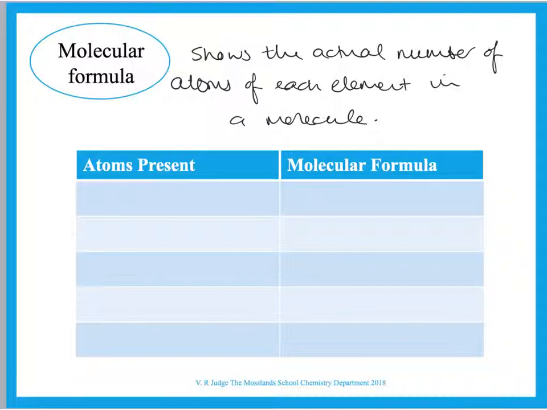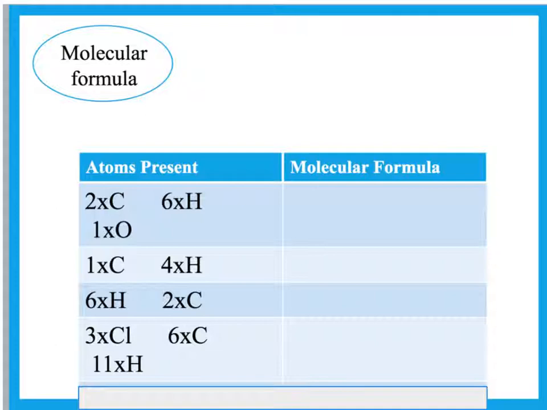Okay, so let's have a little look at some examples of writing molecular formula. So we've got some compounds here. It says how many elements we've got and how many atoms of each element we've got. So in the first one, we've got 2 carbon atoms, we've got 6 hydrogen atoms, we've got 1 oxygen atom. So to write the molecular formula for that compound, you put your carbons first. So the number of carbons we've got is 2, so we put 2 as a subscript, so that's small and at the bottom.